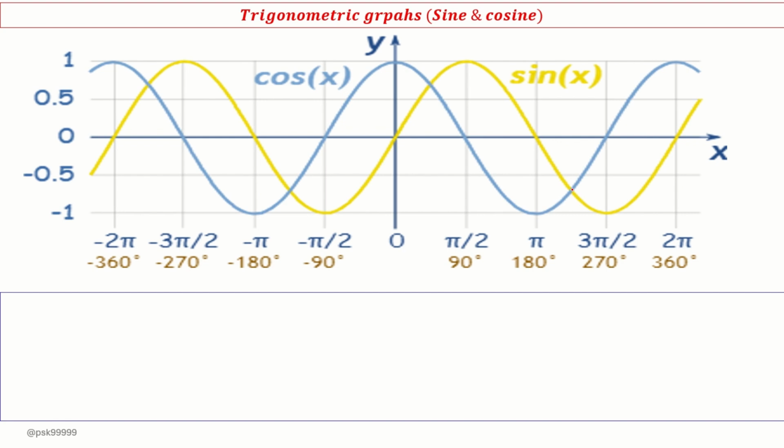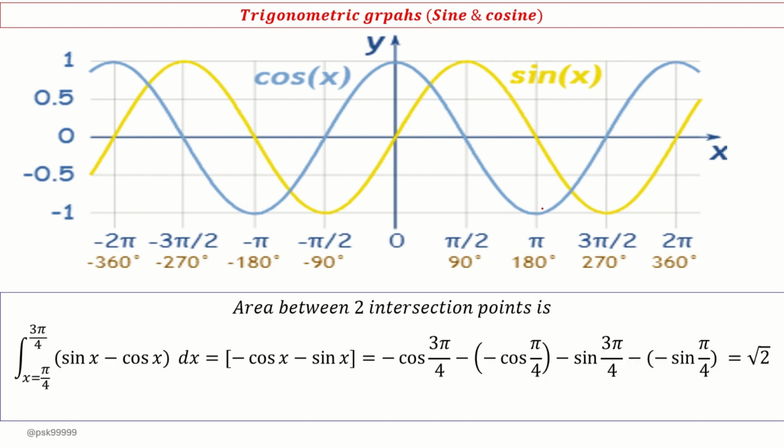If you are interested, you can calculate the area between the yellow line and the blue line. How do you calculate it? Same thing I told you, integration. The integration is from pi by 4 to 3 pi by 4, and my expression is sin x minus cos x. If I remove cos x from sin x, what I get is the area between sin x and cos x from pi by 4 to 3 pi by 4.